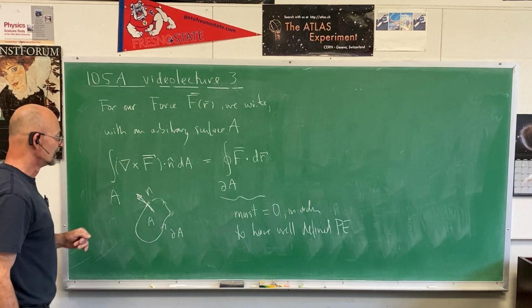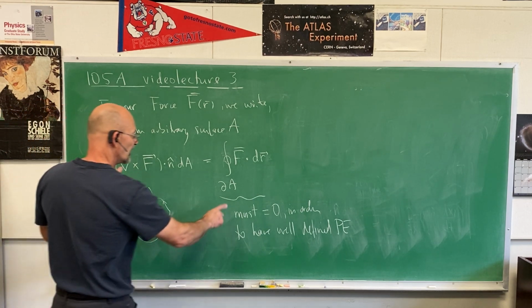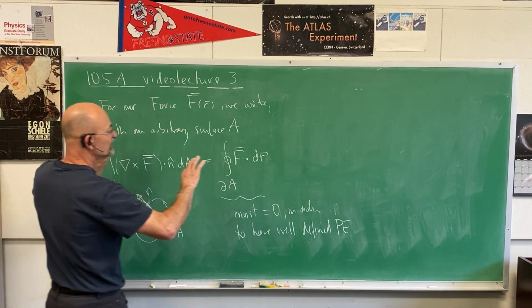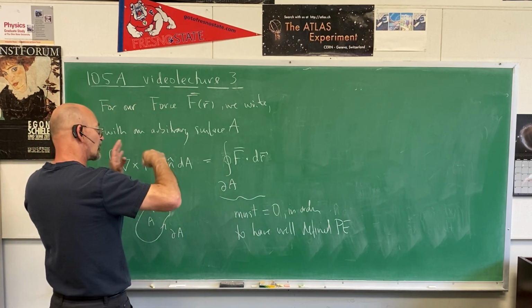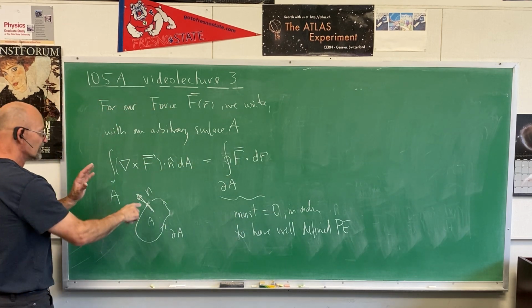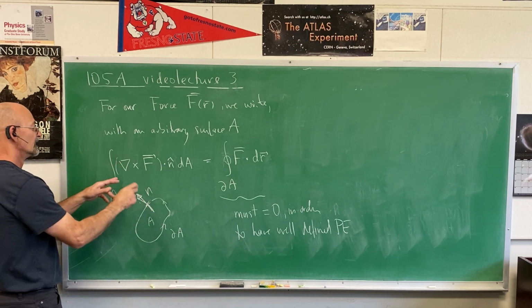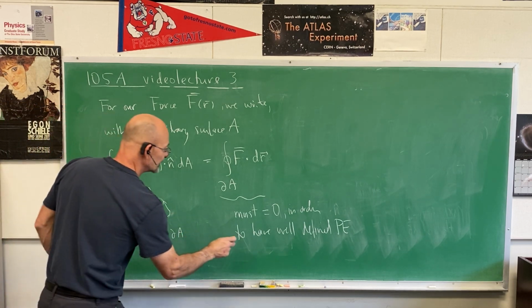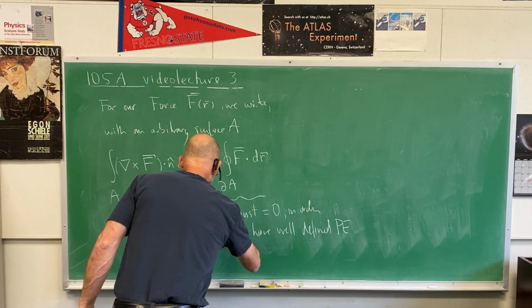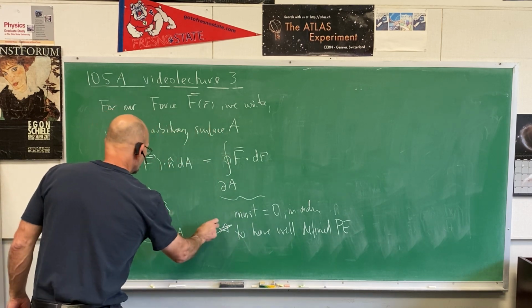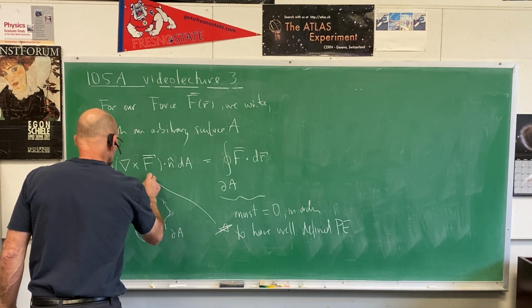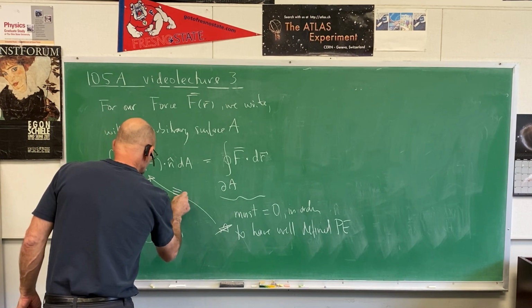Okay. So 0, regardless of what curve we choose. Therefore, regardless of what surface and its orientation. So because of this, it implies that curl of F has to equal 0.